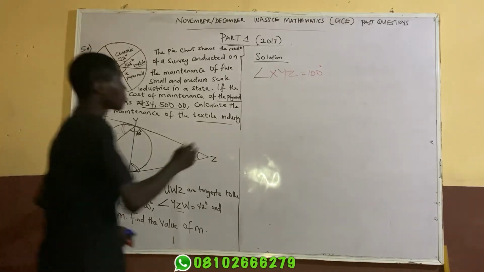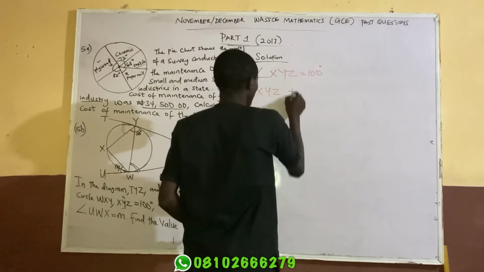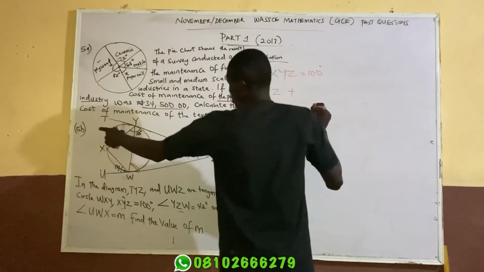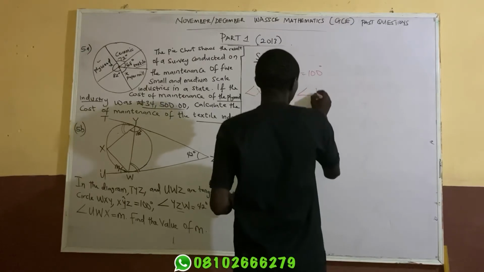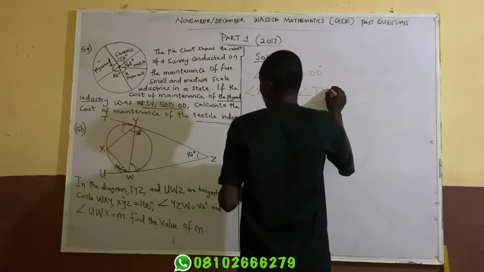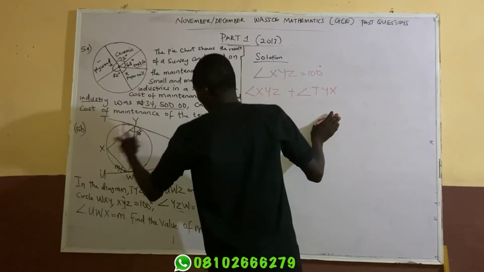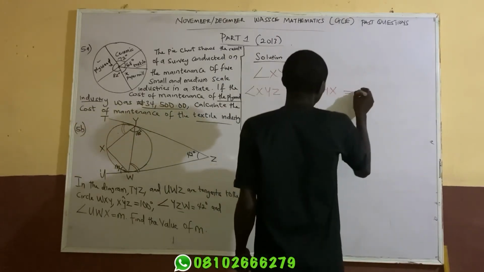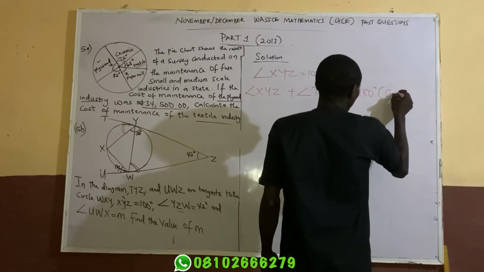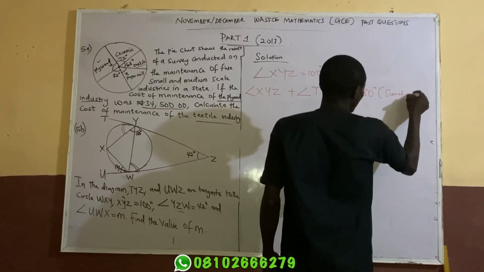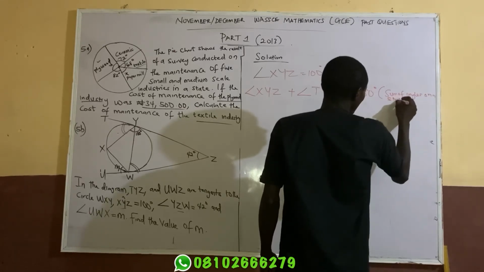So angle XYZ plus angle TYX. The sum of the two angles is equal to 180 degrees. Sum of angles on a straight line.